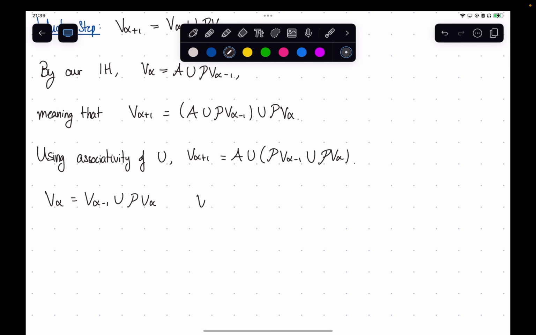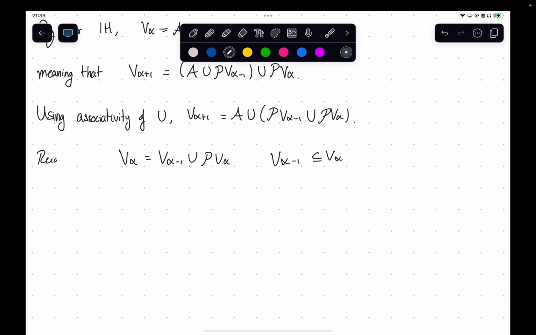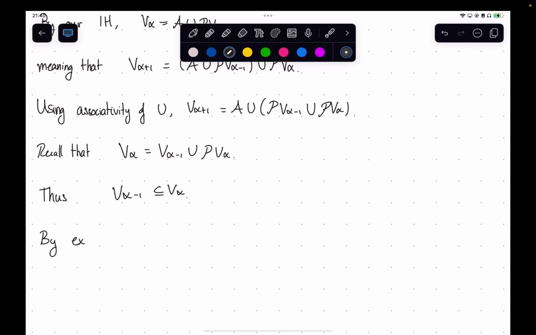So it follows logically that V sub alpha minus 1 is a subset of V sub alpha, which tells us by exercise 1-3 that B subset of C implies that the power set of B is a subset of the power set of C.